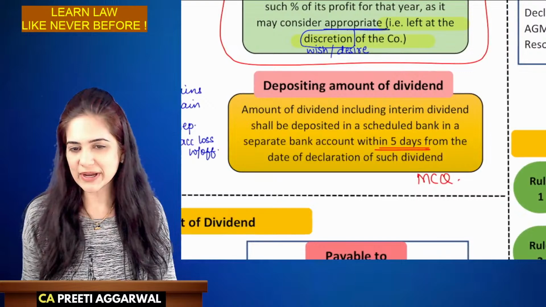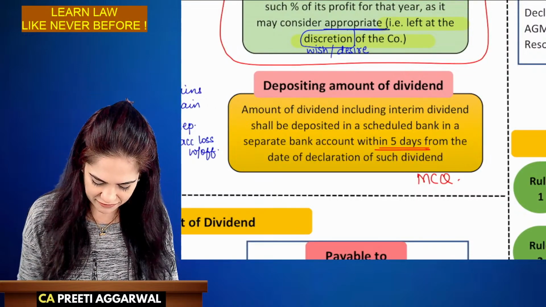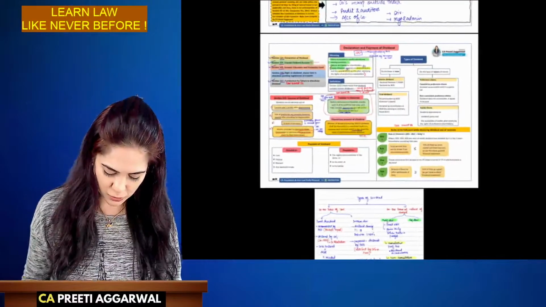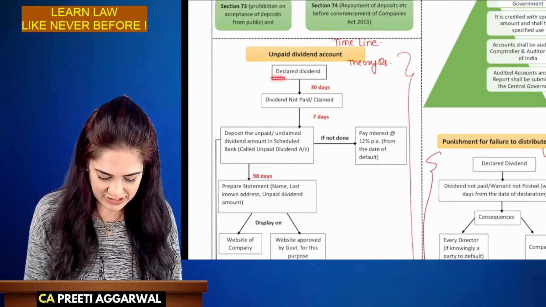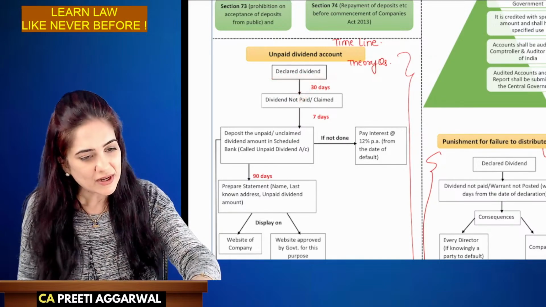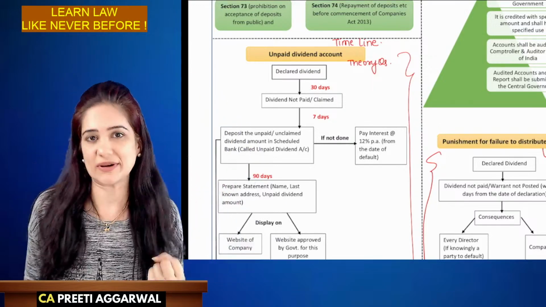The amount of dividend, including interim dividend, has to be deposited in a separate account with a scheduled bank within 5 days from the declaration of dividend. I also have a timeline for you. Students, please note, as soon as the dividend is declared, within 30 days you have to pay it or at least issue the dividend warrant, and the other person has to claim it.